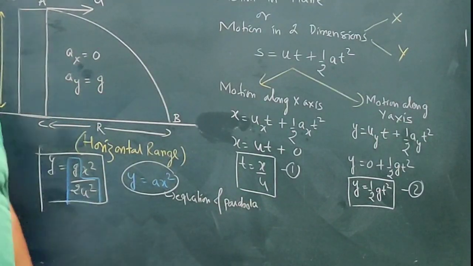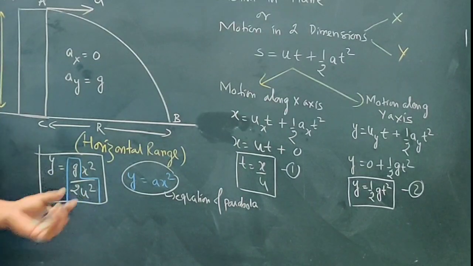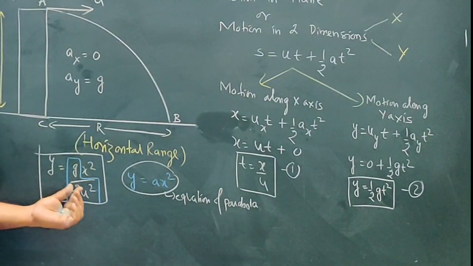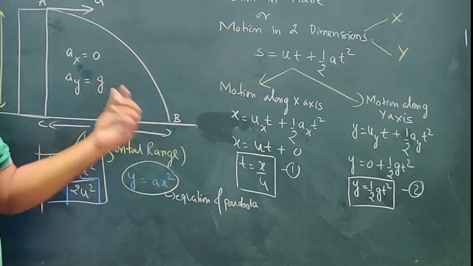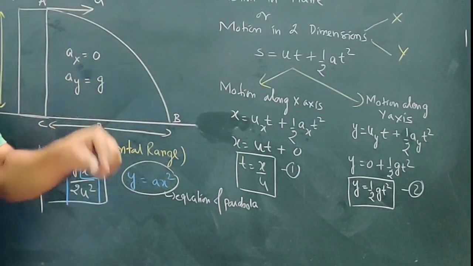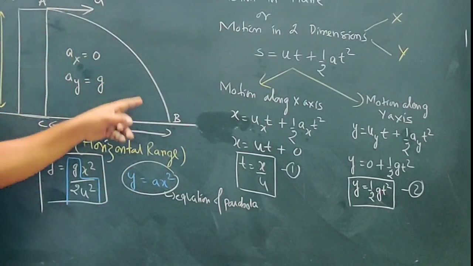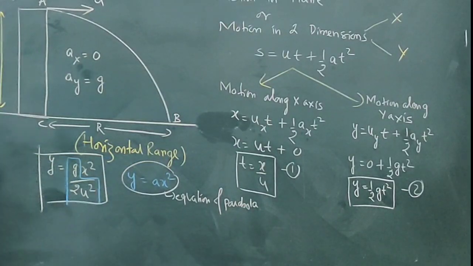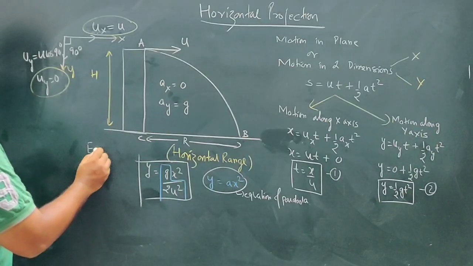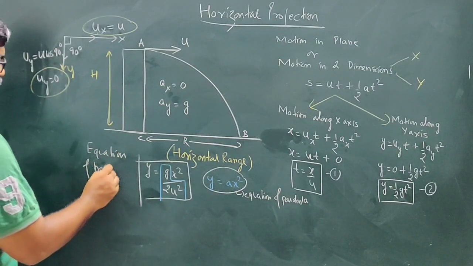Why am I saying that this is the equation of the trajectory? Because g and 2u are constants. Suppose the constant is equal to 5 or 6 or whatever, so y is equal to, suppose, 6x square. If you substitute different values of x, you will get different values of y, and if you plot all those values, you will get this curve. So this is the equation of the trajectory.